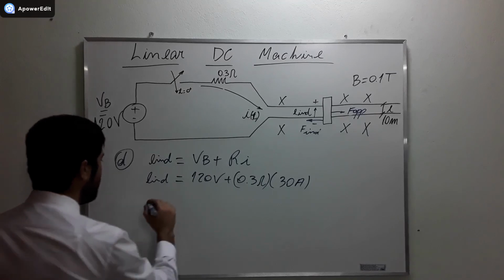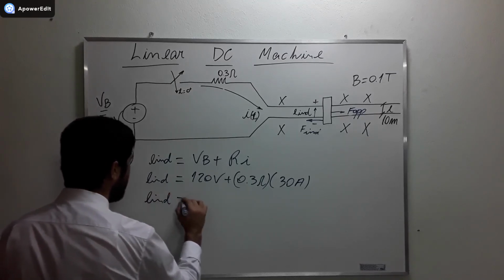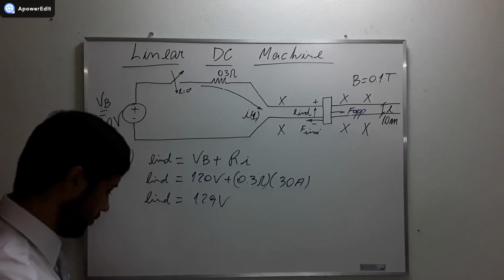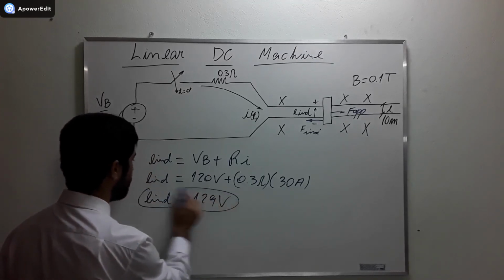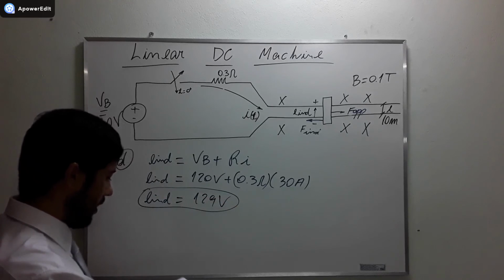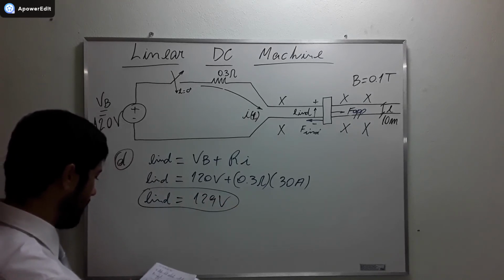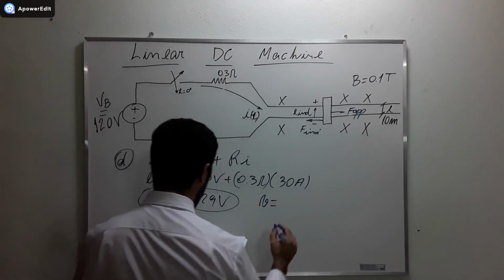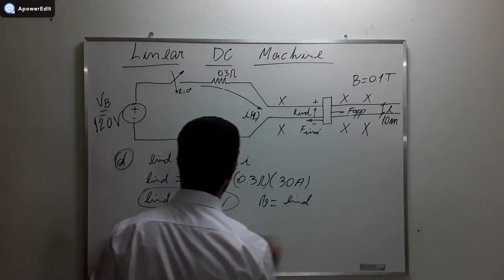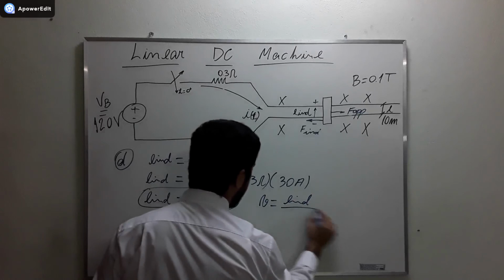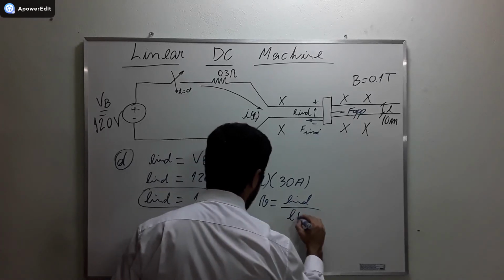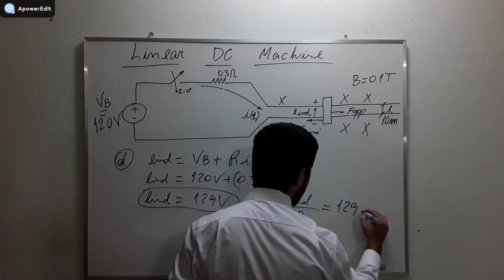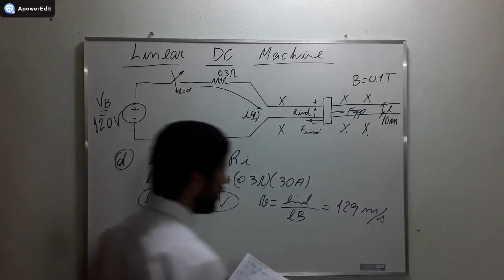And then we find that the induced voltage is equal to 129 volts. Okay, and the velocity is going to be equal to the induced voltage divided by L and B. And we find the velocity of 129 meters per second.